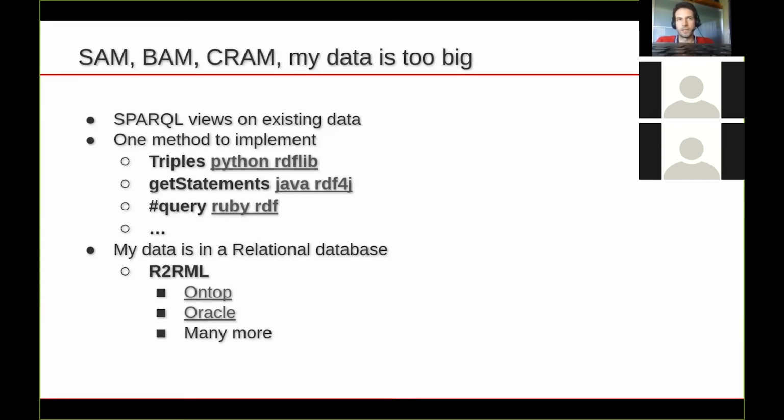On the other hand, you might say, well, my data is already in a relational database. Well, there's something called R2RML, which is a standard to describe how a SPARQL query should be translated into a SQL query. It's like a dictionary to translate between a SPARQL word and a SQL word. Virtuoso's SPARQL endpoint uses this.